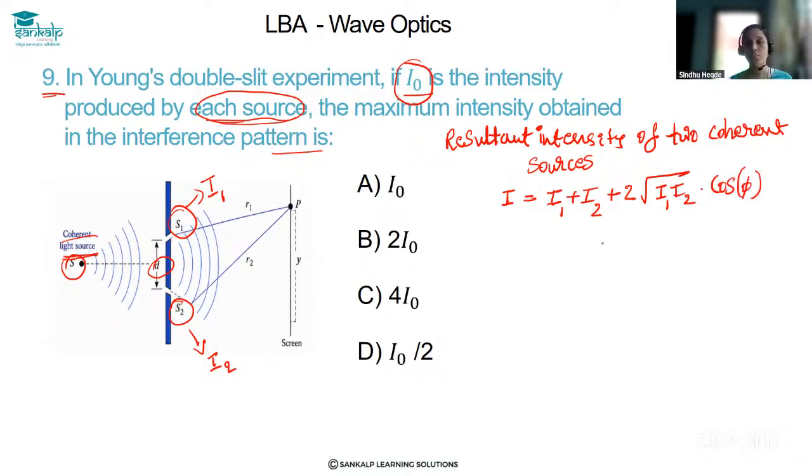And this is the formula of resultant intensity of two coherent sources.